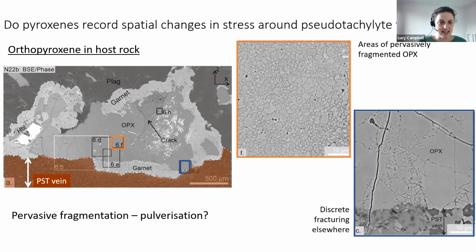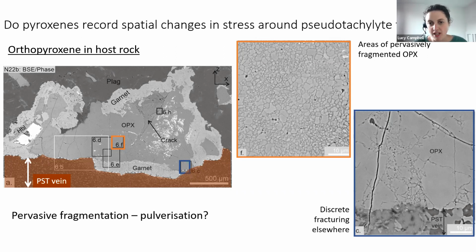But what's really striking, in some regions in the middle of the grain but always adjacent to the pseudotachylyte vein, are these pervasively fragmented areas like those shown in the orange rectangle. The grain size here is reduced to a micron or less, so it's very striking.